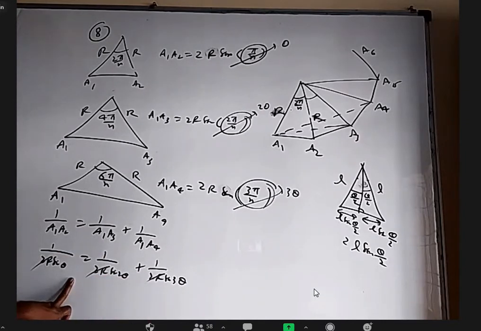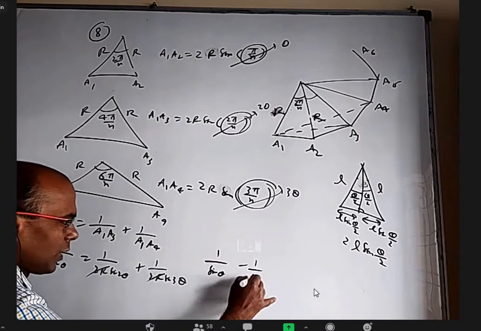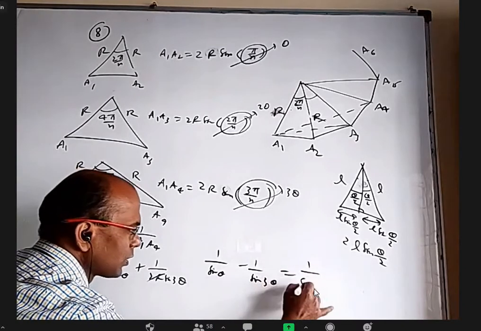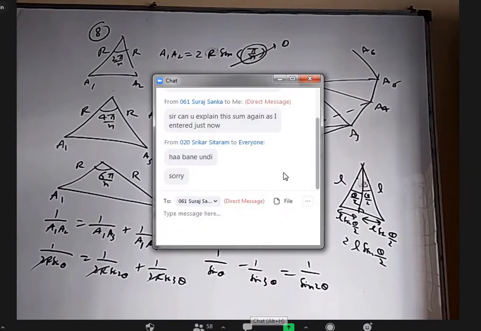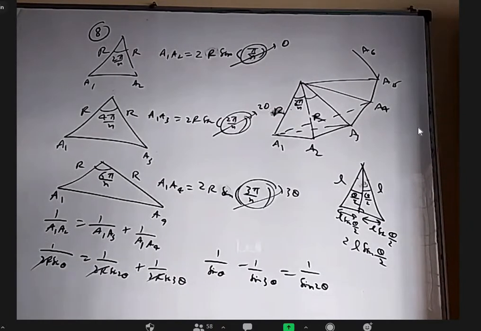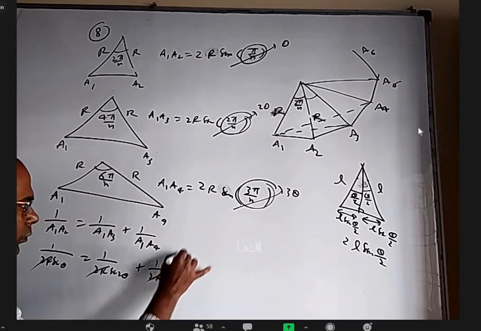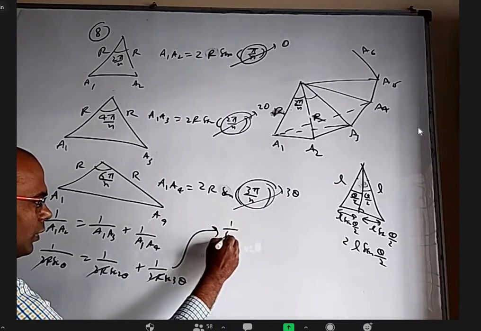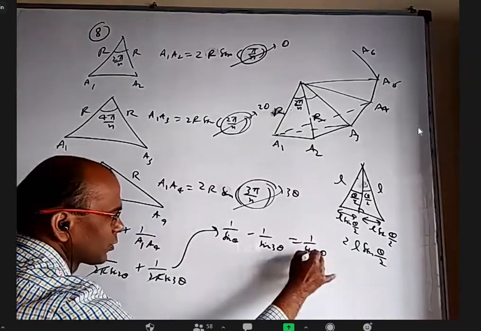If I bring sine 3 theta here and apply transformations, I'll get 2 cos 2 theta sine theta, and sine theta will get cancelled. 1 by sine theta minus 1 by sine 3 theta equal to 1 by sine 2 theta. Either way you do, the answer should come, but we'll see.